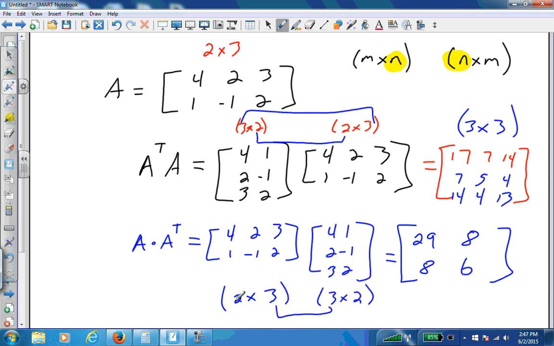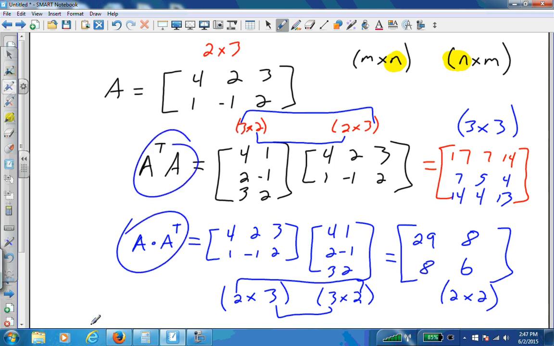Since those match, we get a 2 by 2. So again, we shouldn't expect those to be the same, because the dimensions of those two matrices won't even be the same. A lot of the problems in section 2 are just dealing with the properties of adding matrices together, multiplying matrices together, taking a transpose, and so forth.